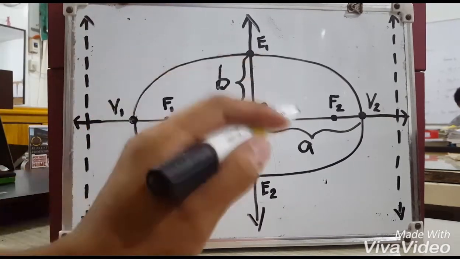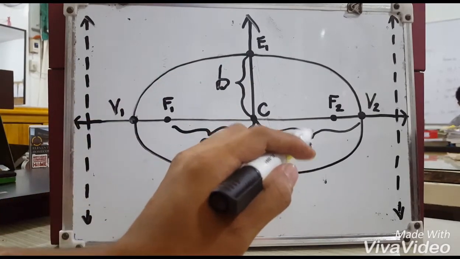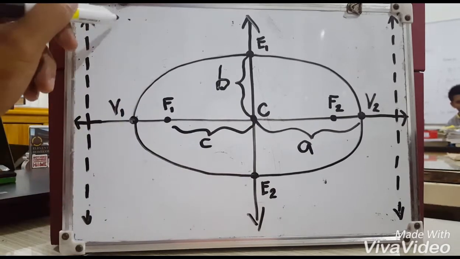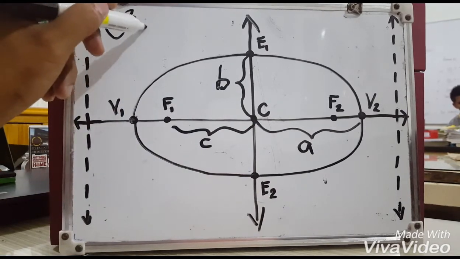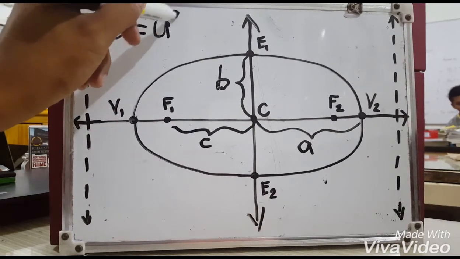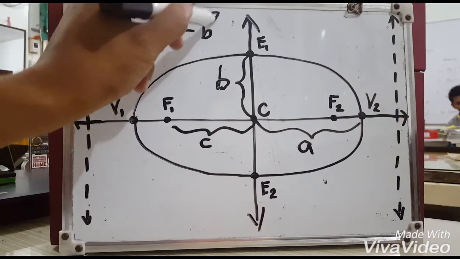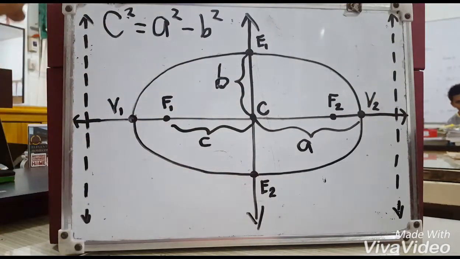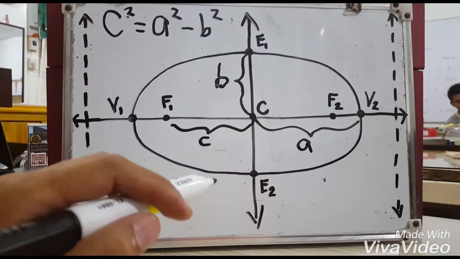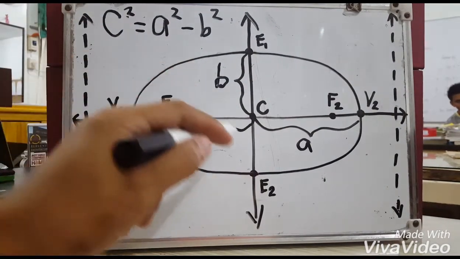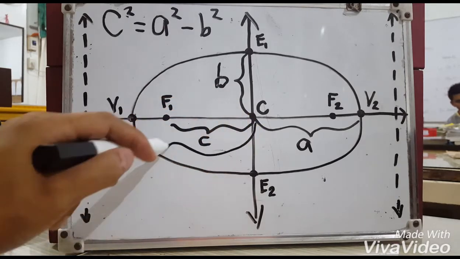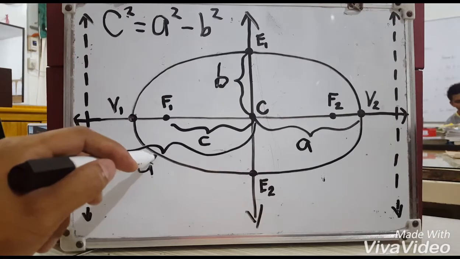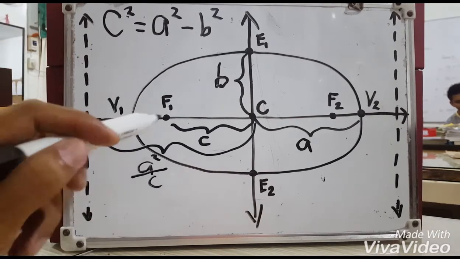And we have to take note, a and b could easily be found on the standard equation, whereas c squared is given by the formula a squared minus b squared. Finally, class, take note that we have here the directrices of the ellipse, and the distance from the center going to the directrices is given by the formula a squared over c.